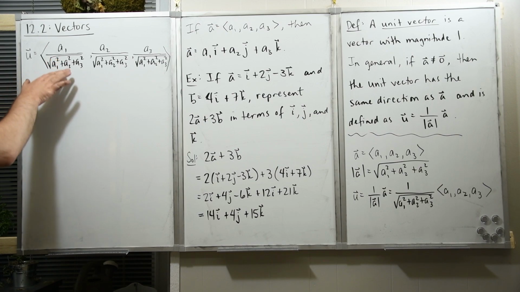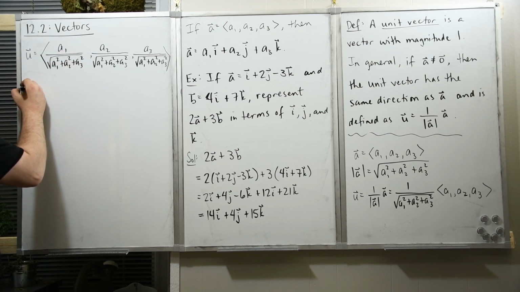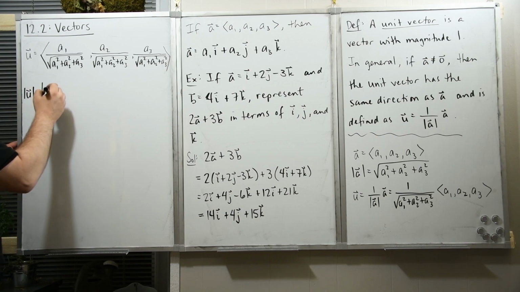Okay, so once again, this is what our vector U looks like. So if we take the magnitude of U, the square root of the sum of the squares of the components, this is going to look really horrible at first.